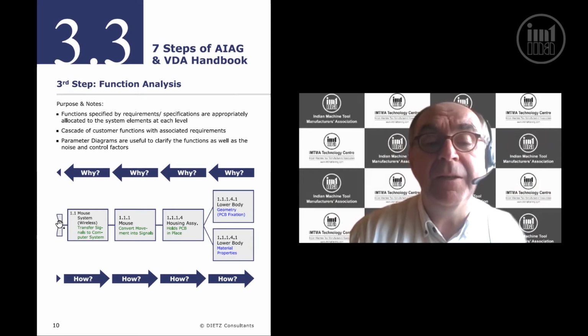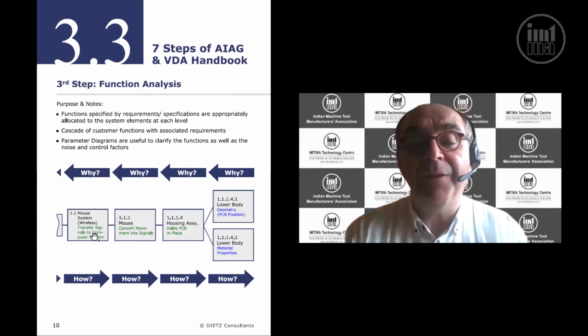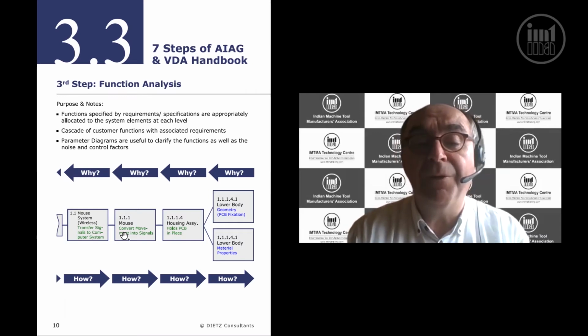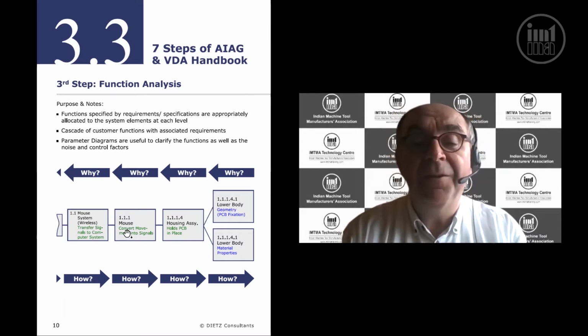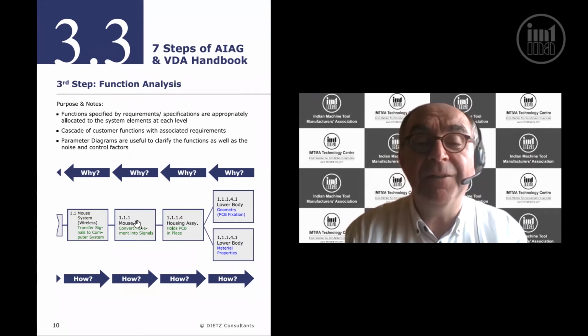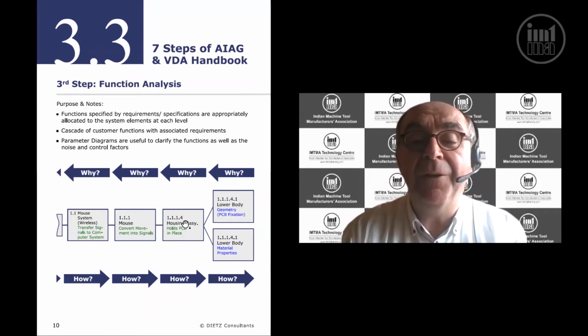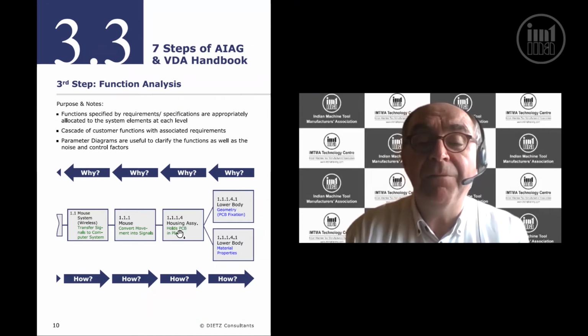If we drill down from the top level, the question is how? How can we make sure that the functionality to transfer signals to the computer will work? We do need a mouse to convert movement into signals. How can we realize that? Therefore, we do need a housing assembly for the fixation of the PCB.